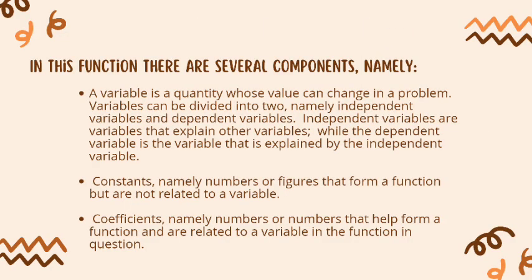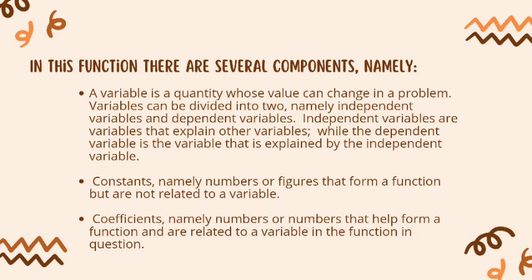In this function, there are several components, namely, first, a variable, a quantity whose value can change in a problem. Variable can be defined into two, namely, independent variable and dependent variable.